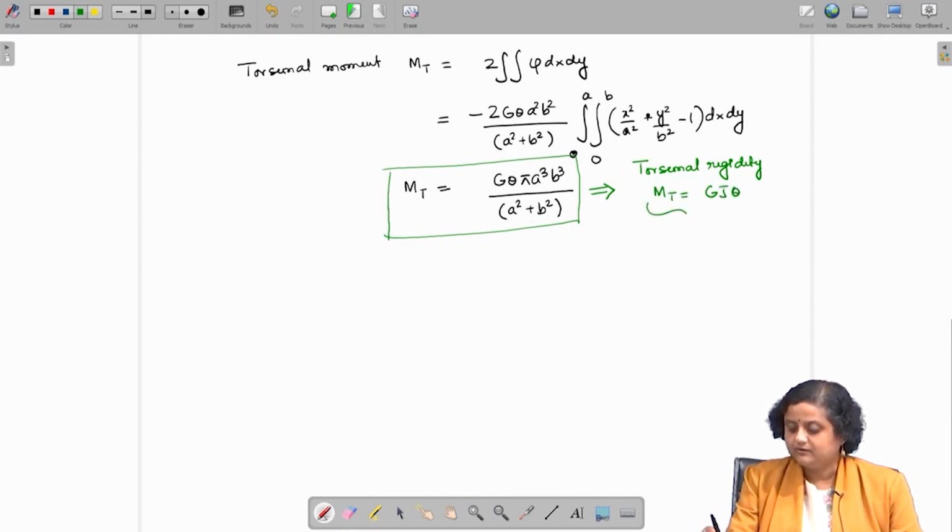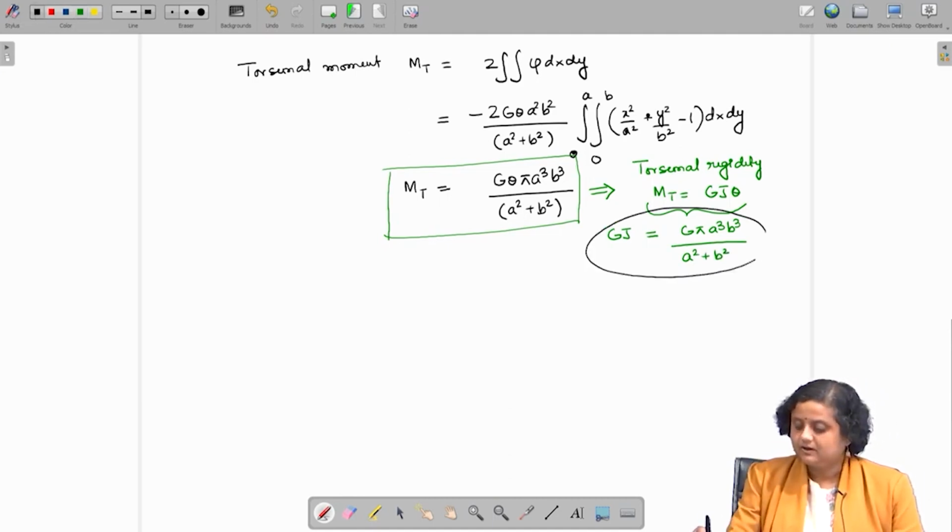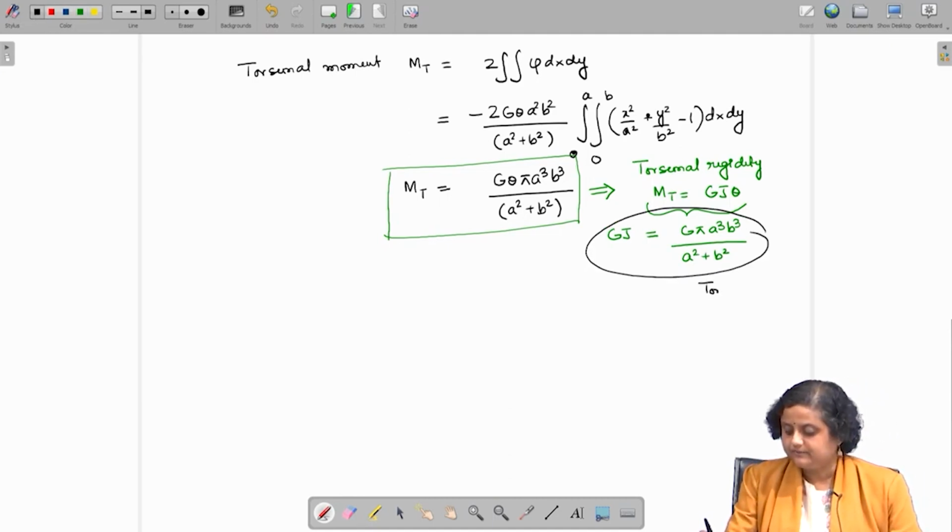So, from this we get that GJ for the elliptical cross section is G pi a cube b cube by a square plus b square. Therefore, this is the torsional rigidity of the elliptical cross section shaft.